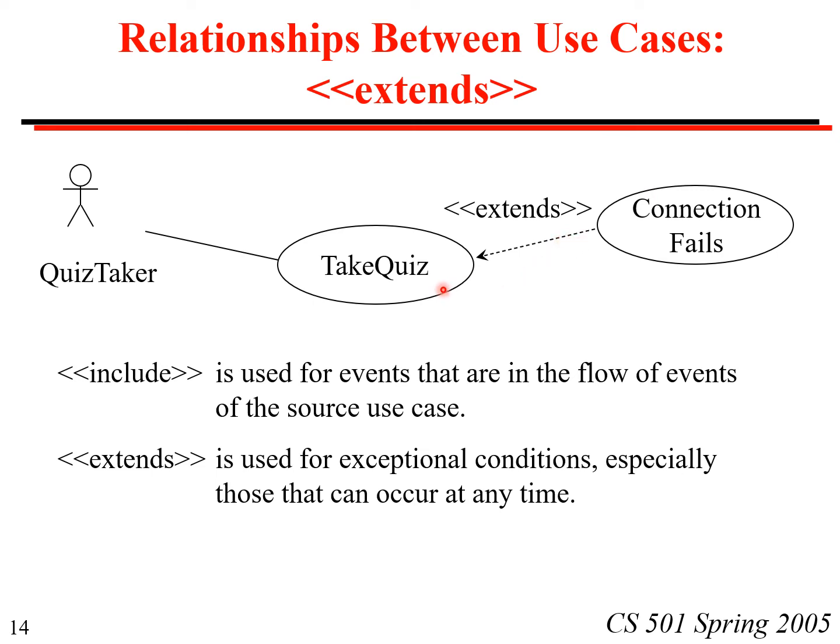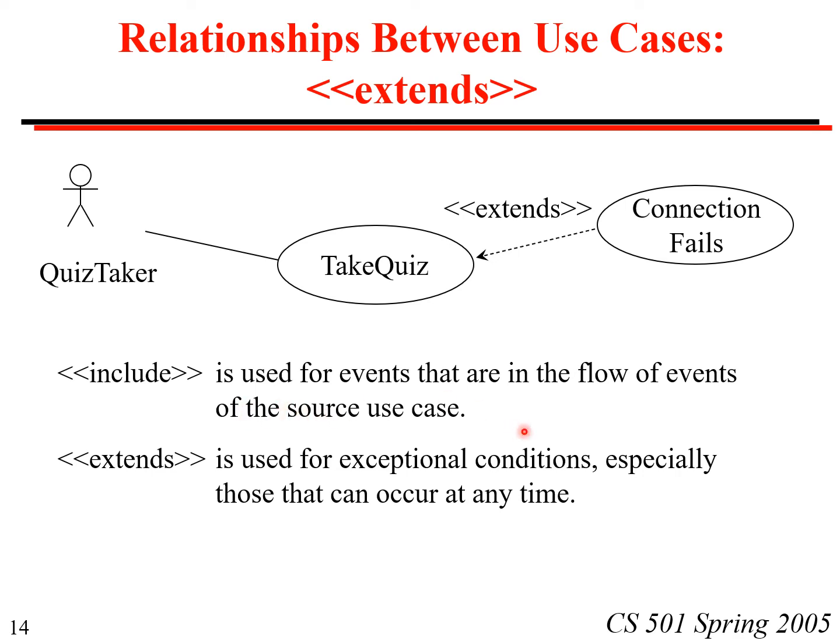So always remember, whenever for take quiz, one ellipse or one use case, you want to show something as a mandatory part, the include arrow will go out of take quiz. When you want to show something optional, may or may not be related to some use case, take quiz in this example, then the arrow will come inside the take quiz use case. So understand the meaning.